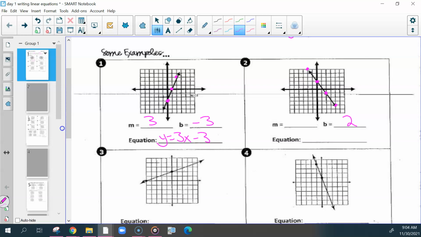Depending on which point you start at, let's say we start at our y-intercept, we have to go up or down first. If we go up and to the left, that would make it -3 over 2. Or if you're going down and to the right, this would also be -3 over 2. So that equation would be y equals negative 3 over 2x plus 2.